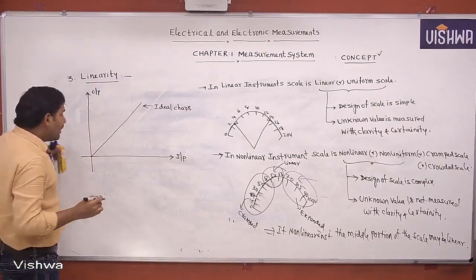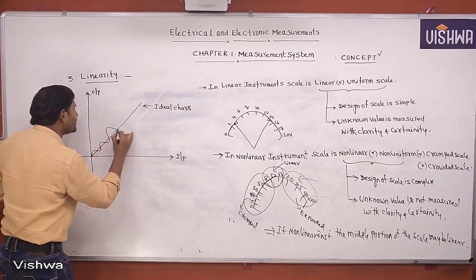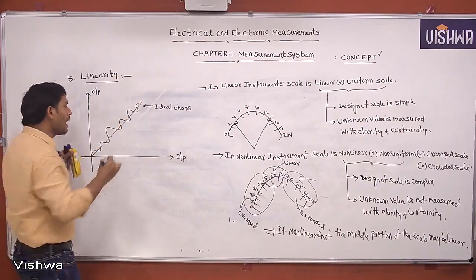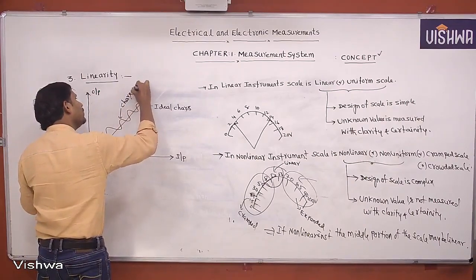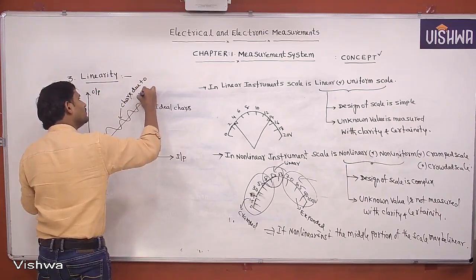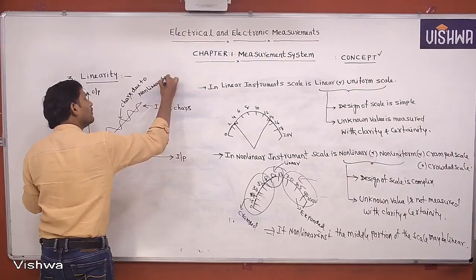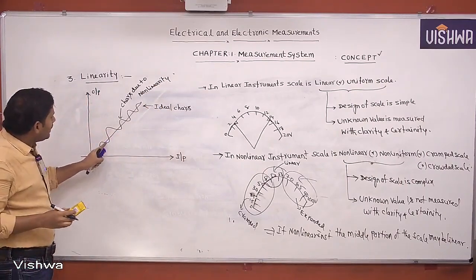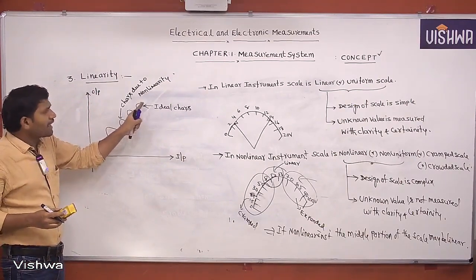Then due to the non-linearity effect, I am getting the characteristics like this. This is the ideal characteristic, but due to non-linearity, I am getting the characteristics like this.